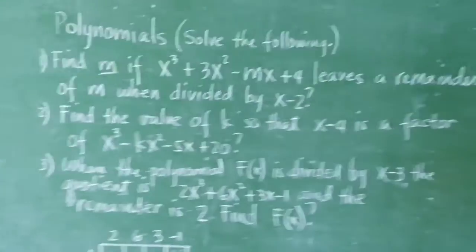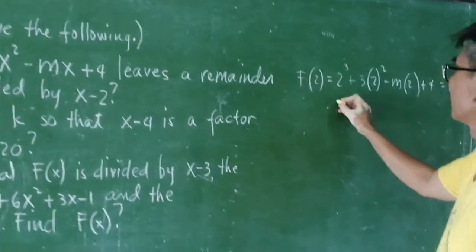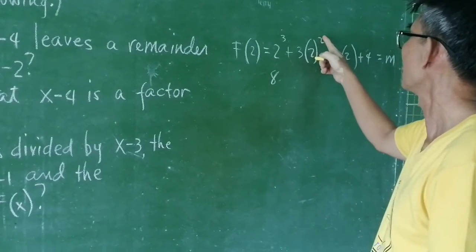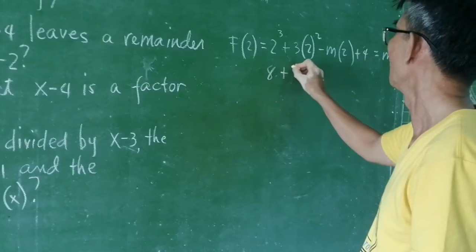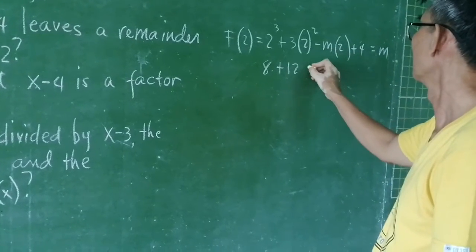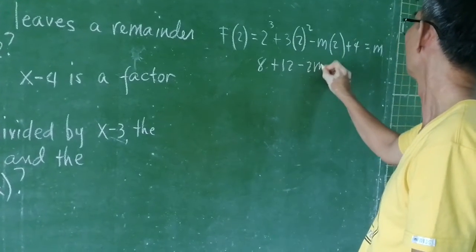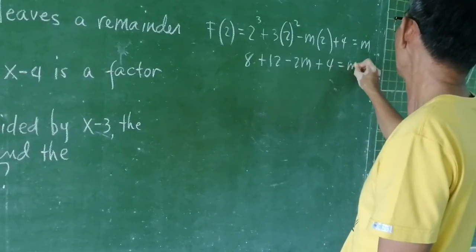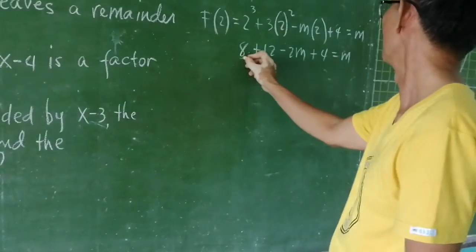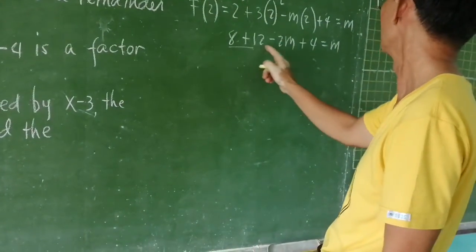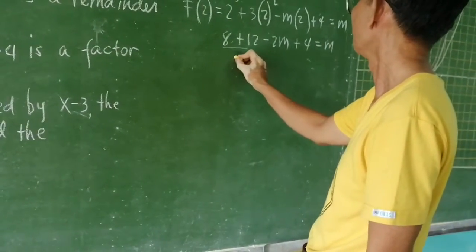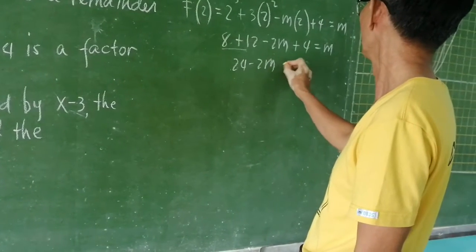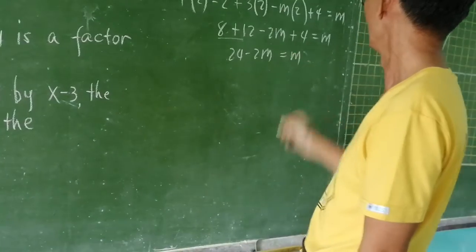So that will be 8. 2 raised to 3 is 8. 2 squared is 4 times 3 is 12. And that is negative 2m plus 4 equals m. So we combine this with that, so it will be 24 minus 2m equals m.